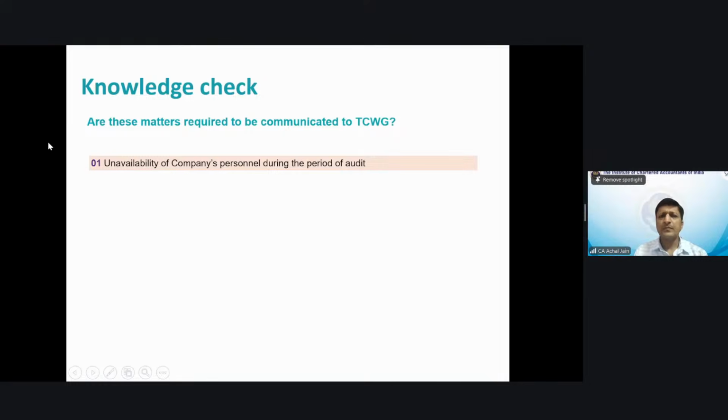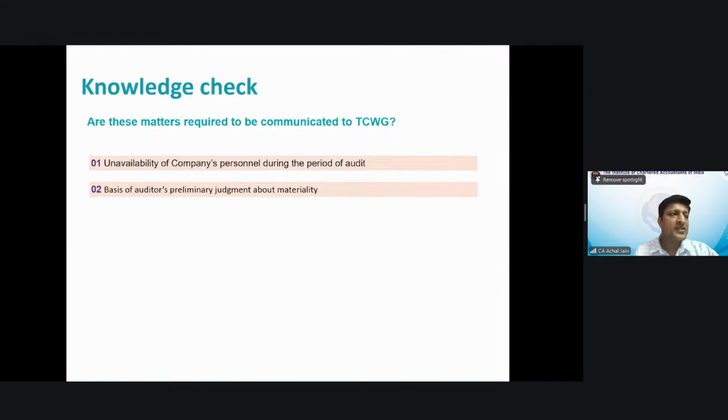Now, are these matters required to be communicated with TCWG? Let's look at unavailability of company's personnel during the period of audit. Basis of auditor's preliminary judgment about materiality, in terms of the determination of materiality.